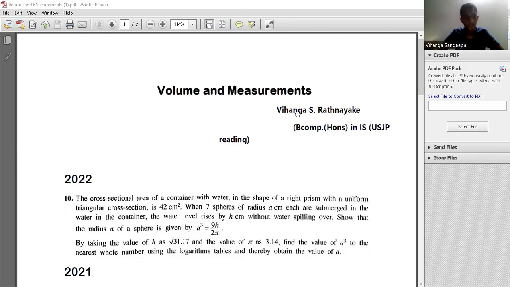So today I'm going to discuss some past paper problems regarding the topic volume and measurements. According to the new syllabus, in every year you can have a question from this topic.